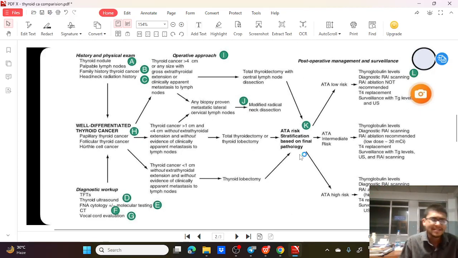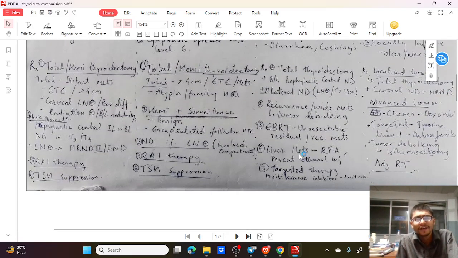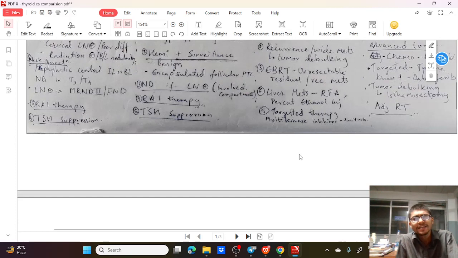And lastly, just before going to the flowcharts, for thyroid lymphomas, surgery is rarely required, and the surgeon's role is mainly until the diagnosis, that is in the form of biopsy.